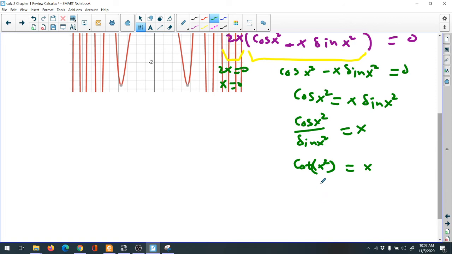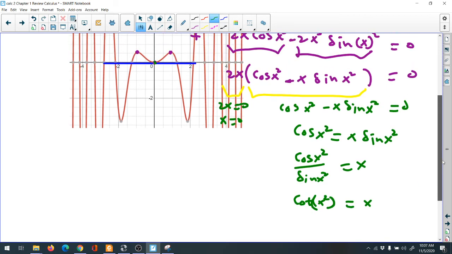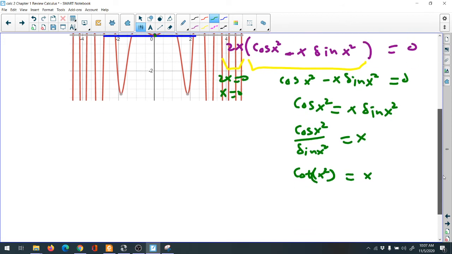Then when you solve cotangent x squared equals x, we have two possibilities for cotangent x. What's tangent of 45? I heard you, it's 1. And also cotangent of 45 is 1.